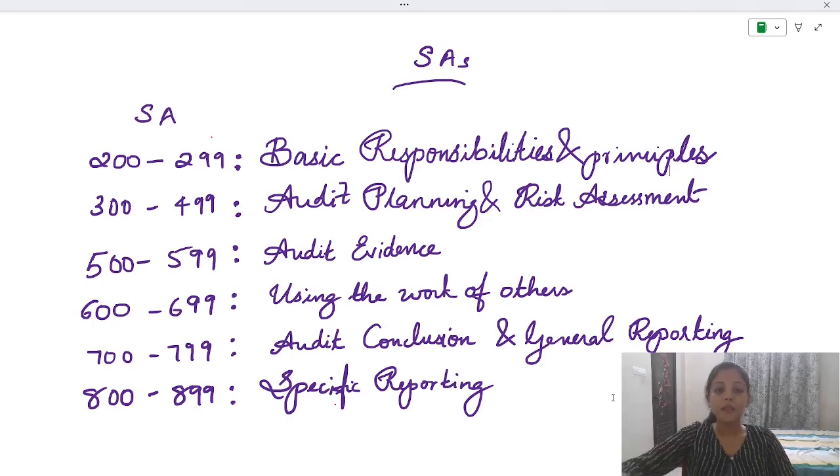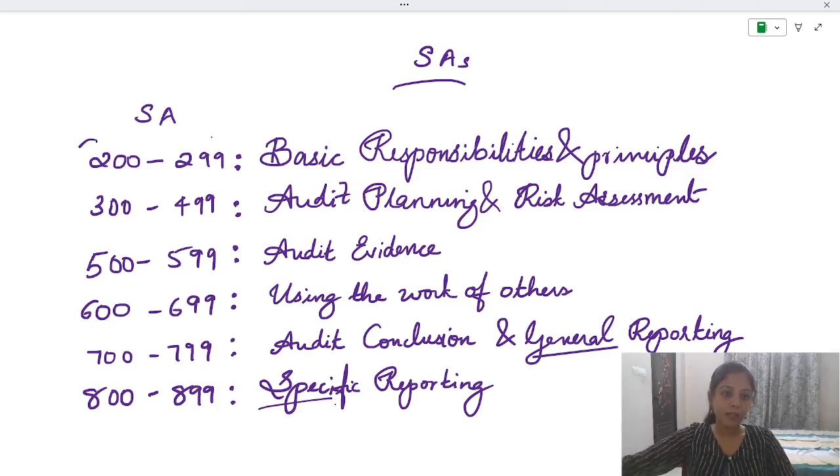The 500 series deals with audit evidence. The 600 series deals with using the work of others. The 700 series deals with audit conclusion and general reporting. And 800 deals with specific reporting. So 800 is for specific reporting and this is for general reporting. Just keep that in mind.